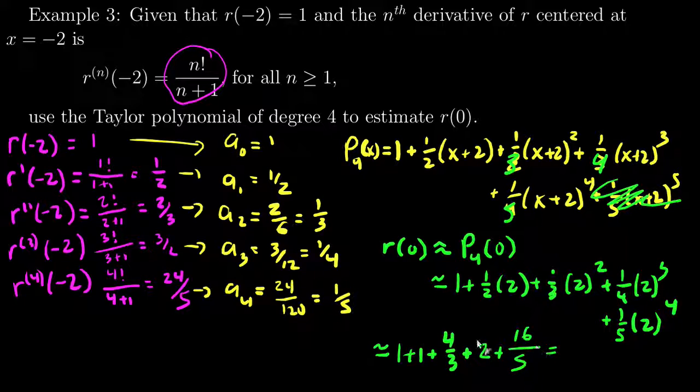So that's going to be, let's see, 1 plus 1 plus 2 is 4. I need to get this in terms of 15ths. So 4 is 60/15. So 60 over 15 plus 4/3, multiply top and bottom by 5, 20/15. Multiply top and bottom here by 3, 48/15. And my final answer is going to be 128 over 15.